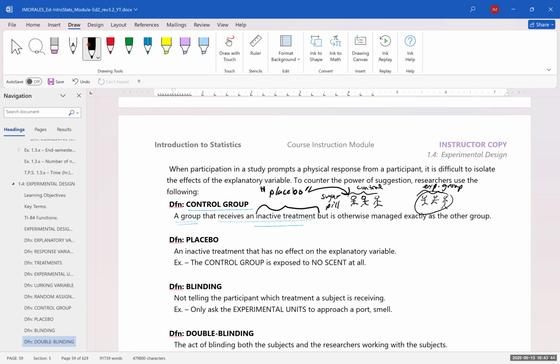And you don't expect a sugar pill to have really any effect at all. But then you give the experimental group actually a pill, which is an experimental medicine pill. Now, superficially, the pills look identical on the outside. They're both white, they're both the same size. So people in the control group don't know they're in the control group. People in the experimental group don't know they're in the experimental group. This is a way to counter the power of suggestion.